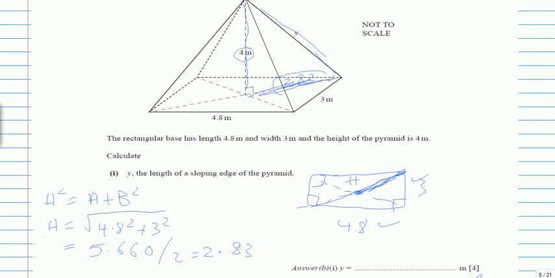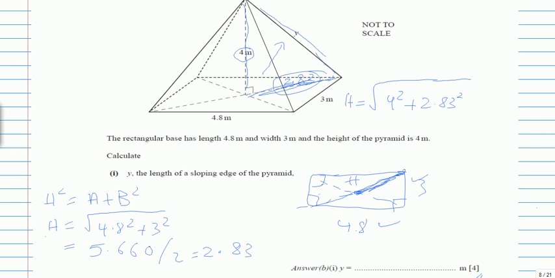Okay, and now we know this side is 2.83, this side is 4, and now again we are looking for the hypotenuse, which is opposite to the right angle, so we'll use the same formula. The hypotenuse is equal to the root of the other two sides, which is 4 squared plus 2.83 squared. Okay, and I will just use my calculator again.